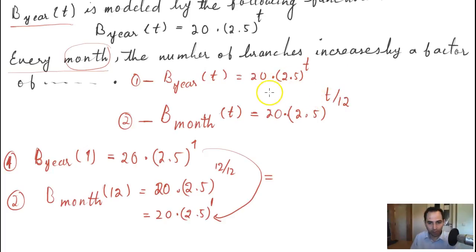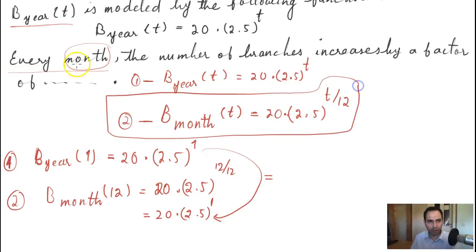Now there is one problem here. This was a function that I needed in order to answer the question: every month the number of branches increases by a factor of what? Now the factor here is not trustable, because it's still the same factor that was present in the previous function.